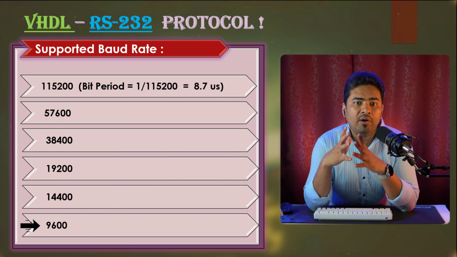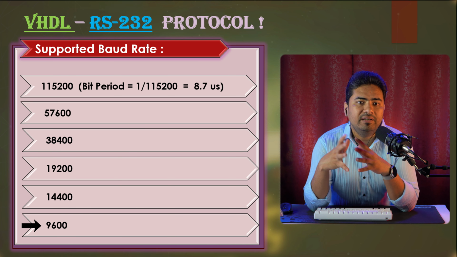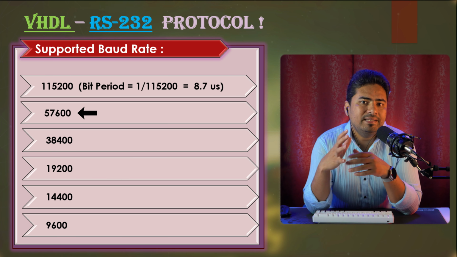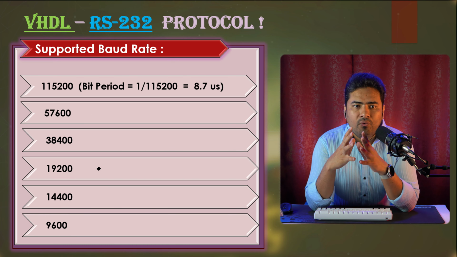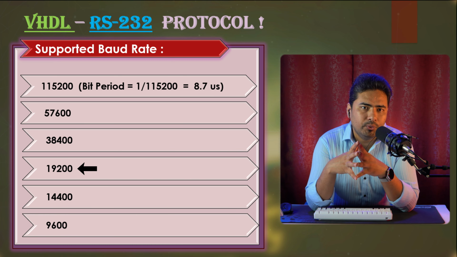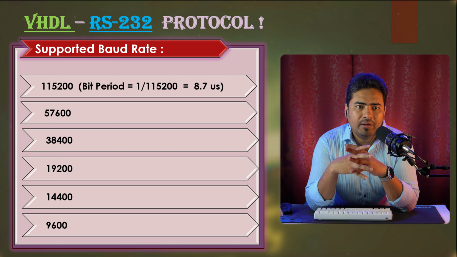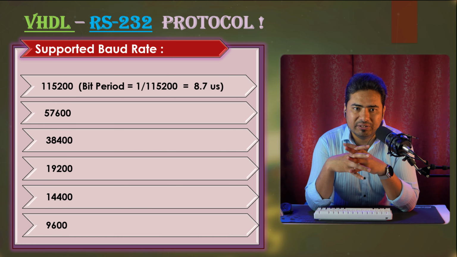And at the bottom, we have the lowest baud rate, that is 9600. And between them, we have 57600, 38400, 19200, and 14400 as well. You can choose any of these baud rates for your transmission.